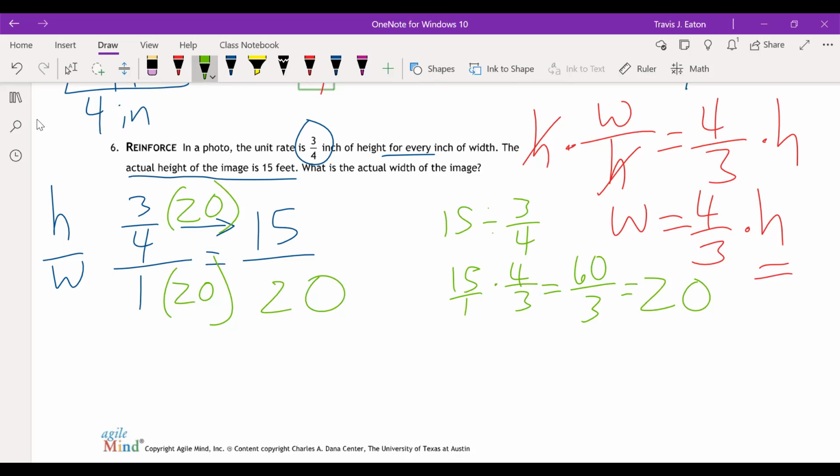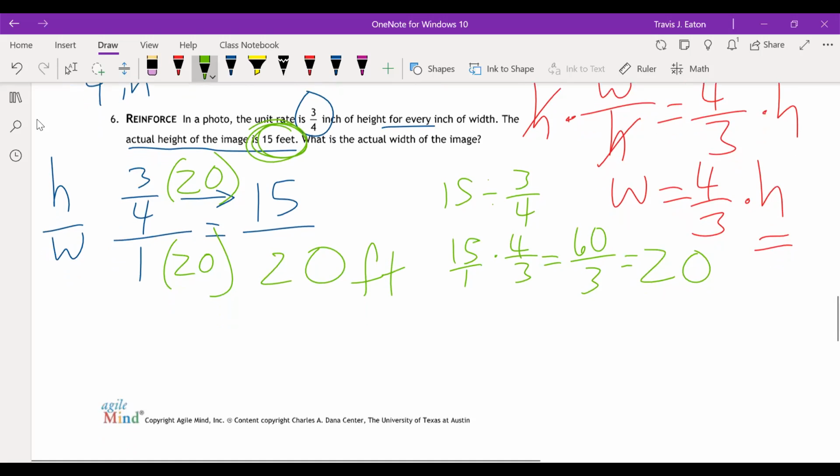feet. Always make sure that you label to stay consistent with what the problem is giving you. Now, another way to do this, which would be a whole lot simpler, is remember if we know the height, all we have to do is multiply the height times 4/3 to find the width in this case.